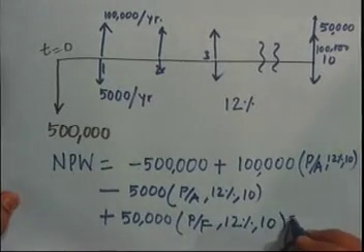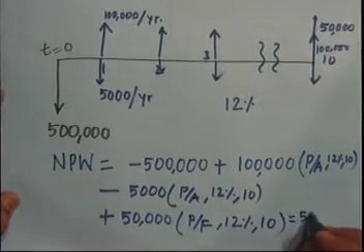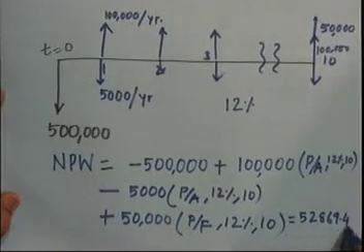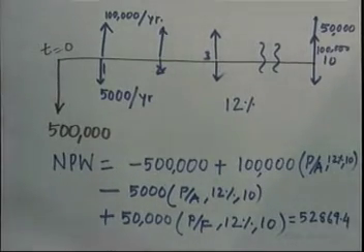I am getting this value as 52,869.4. So, basically my net present worth is coming to be positive.